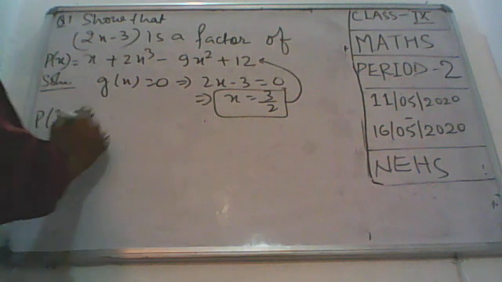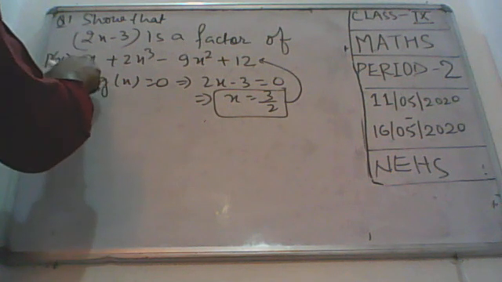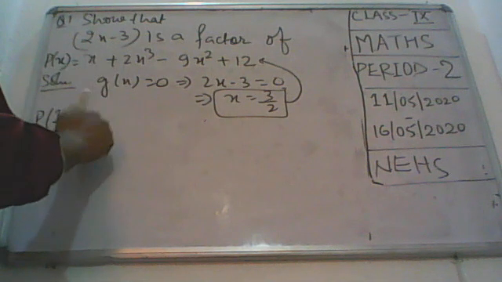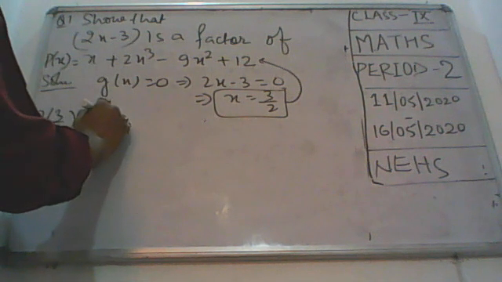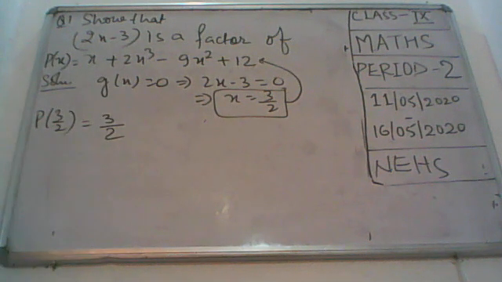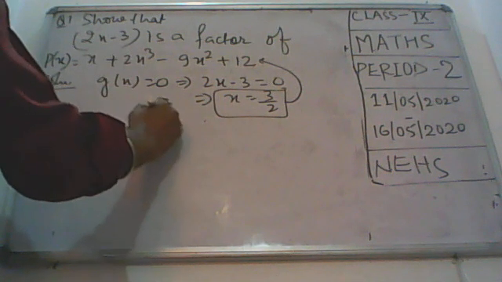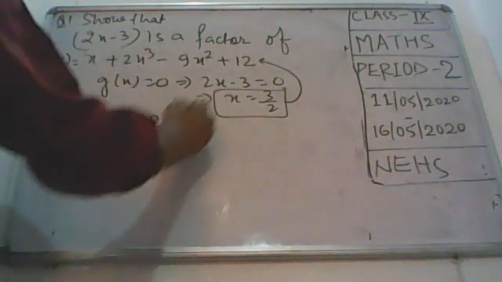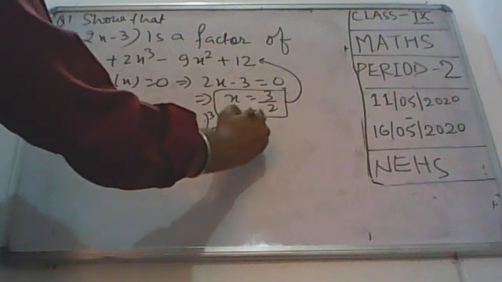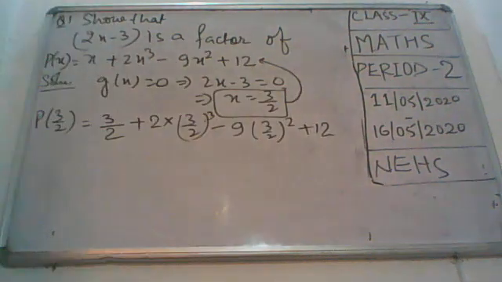That is x, which means 3 by 2, plus 2x cube, meaning 2 into 3 by 2 whole cube, minus 9 into x squared, 3 by 2 whole square, plus 12.